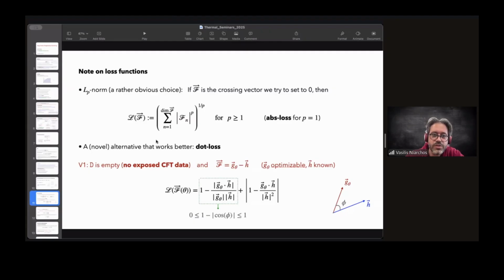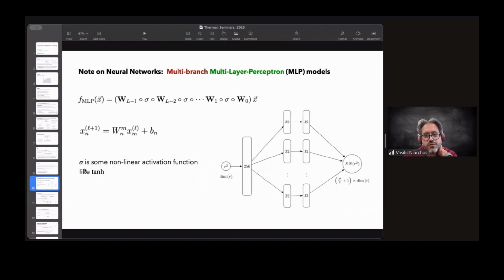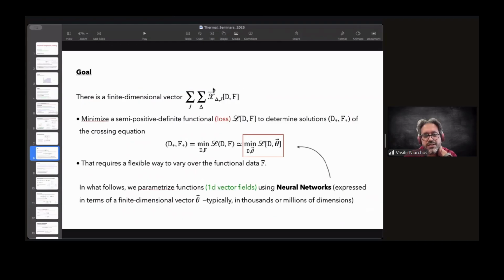We did this, but we also proposed in the paper another loss that we call a dot loss. It turned out that this one is much better. It can be constructed in the following way. In one version of the problem, let's say I'm trying to solve this crossing equation, equal to 0.